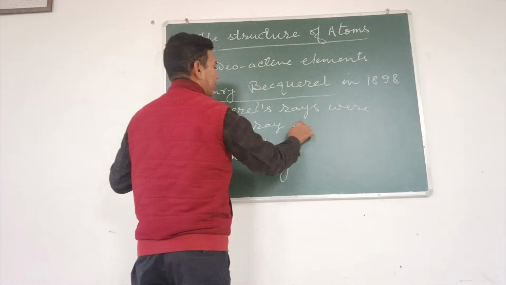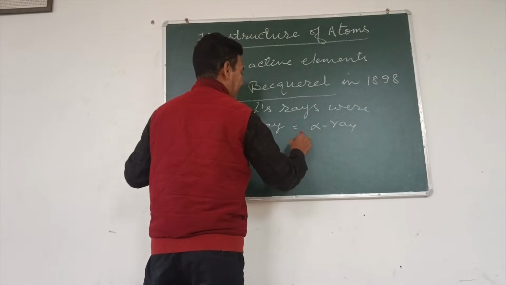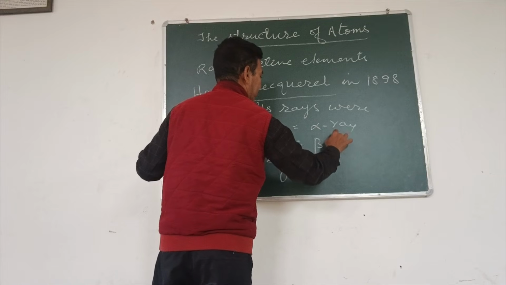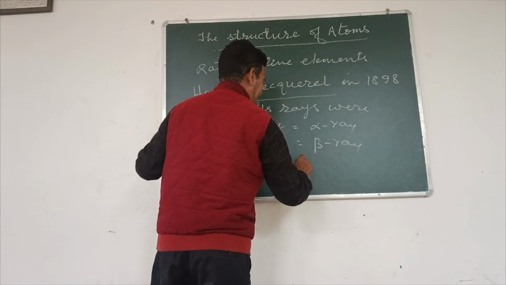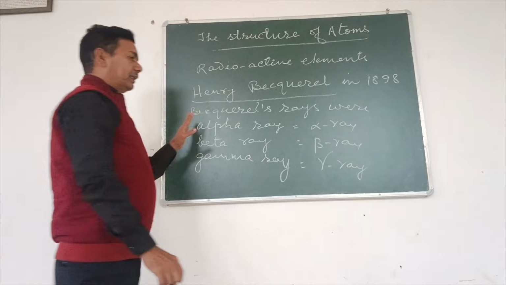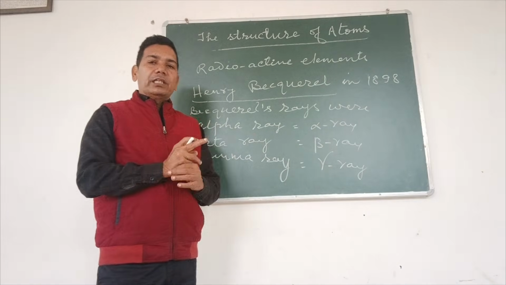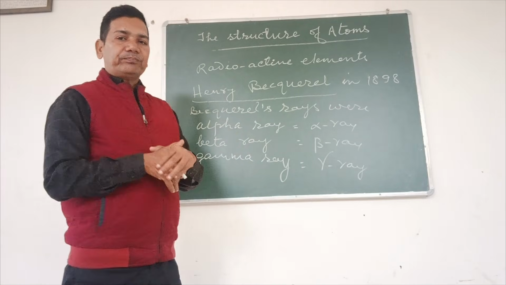Abbreviated, the alpha ray is written like this, alpha; the beta ray like this, beta; and the gamma ray like this, gamma. These rays are generally produced from the nucleus of heavy atoms.